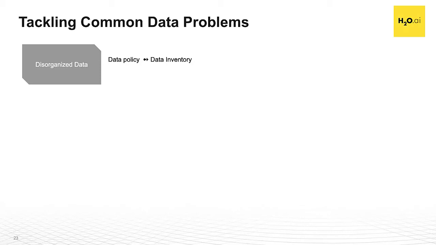In addition to a data policy, you also want to take a data inventory within the company. You can start to take stock of all of the different data that you have. Where is it? How much is it? Is it missing?